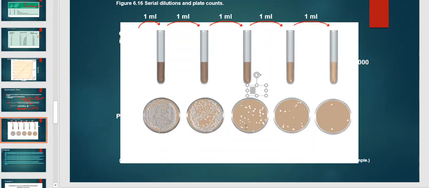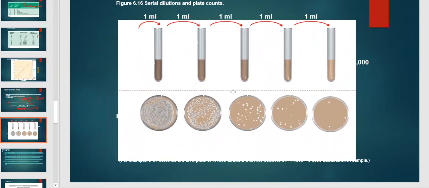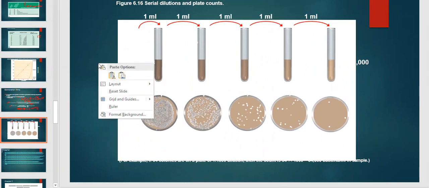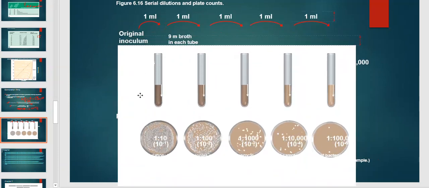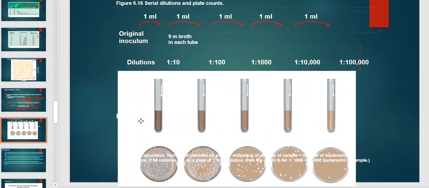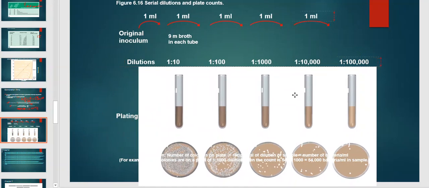And that's how we do that serial dilution. I'm not sure why nothing showed up for this. Yeah, don't know what happened there. But these are the dilution factors that you can see over here: 1/10th, 1/100th, 1 out of 1,000, 1 out of 10,000.